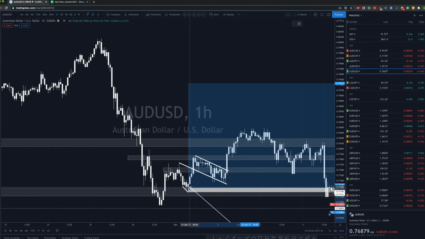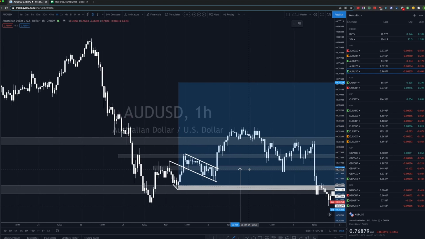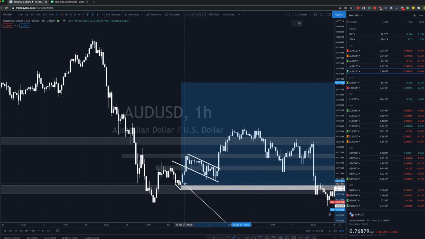So I caught my entry just here, kept a really tight stop just beneath the wicks, and was hoping for price to find the support it needed to have that nice bullish move, right? We did get a nice strong move, and then we had this corrective flag form, and then we had another impulse, right?